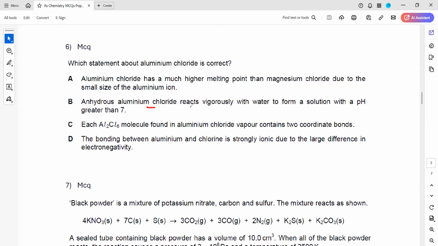Anhydrous aluminium chloride reacts vigorously with water to form a solution with a pH greater than 7. So when we check the solubility of the chlorides, you have to remember this.